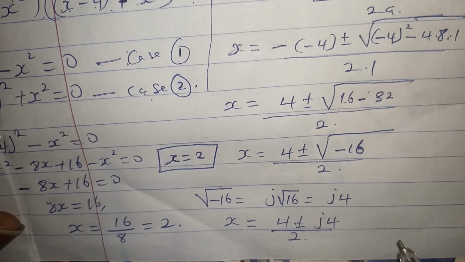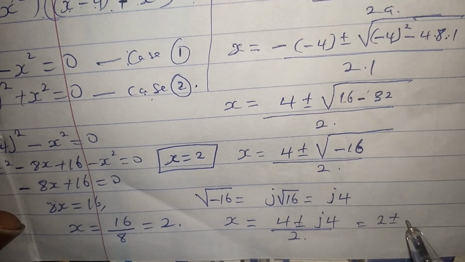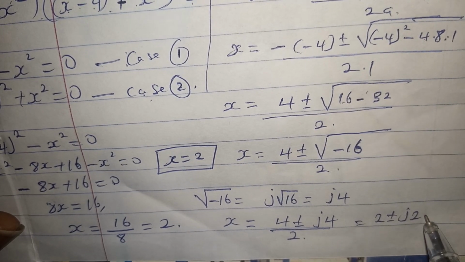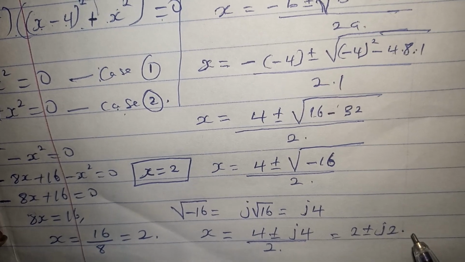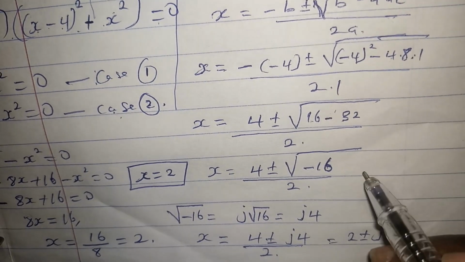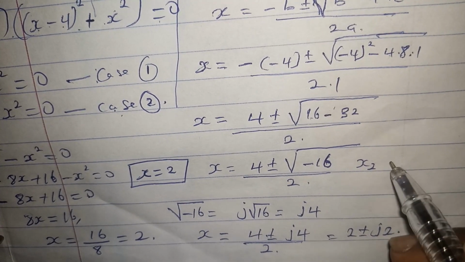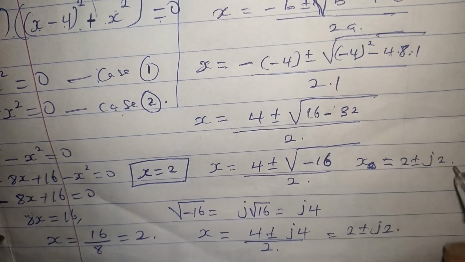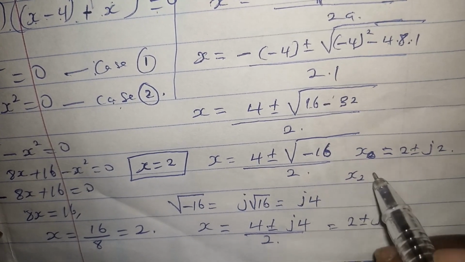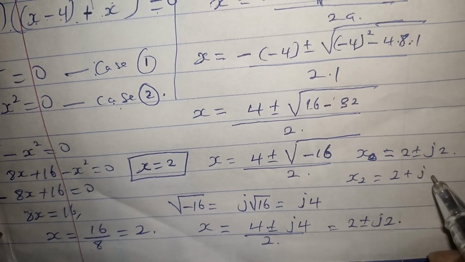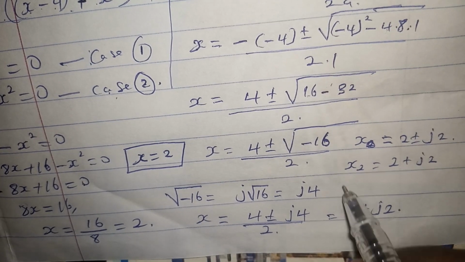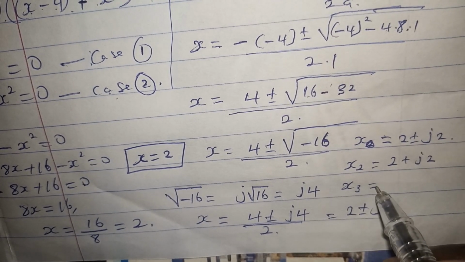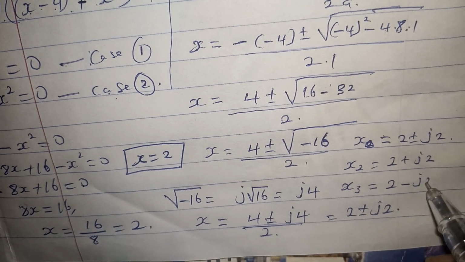If we divide by 2, we have 2 plus or minus j2. Therefore x2 equals 2 plus j2, and x3 equals 2 minus j2.